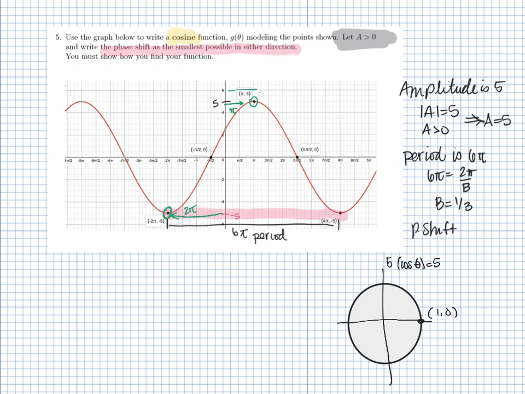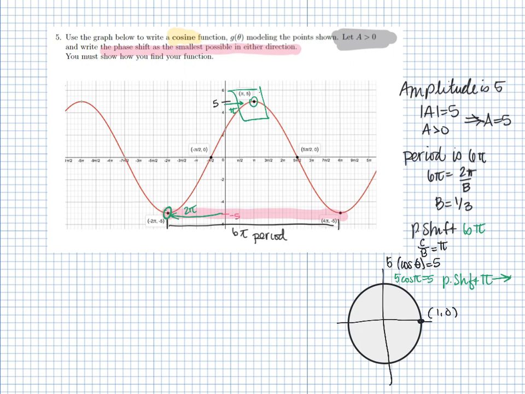So this one is obviously the smaller distance. So what we know is that 5 cosine pi is equal to 5. So we know that we have a phase shift pi units to the right. So what this means is that C over B must equal pi.